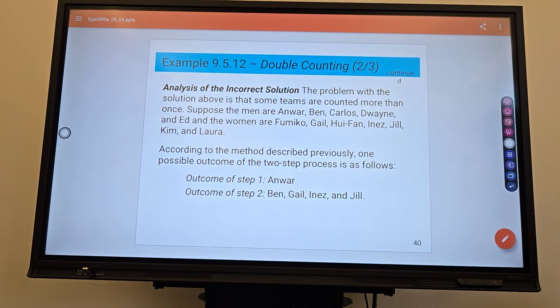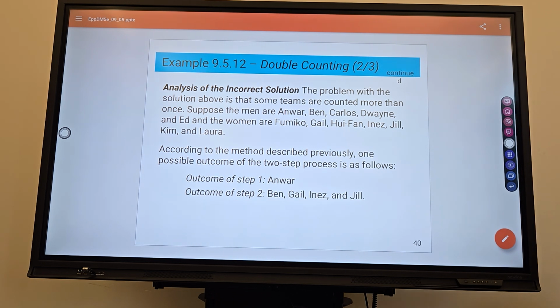Analysis of the incorrect solution. The problem with the solution above is that some teams are counted more than once. Suppose the men are Anwar, Ben, Carlos, Dwayne, and Ed, and the women are these ladies. According to the method described previously, one possible outcome of the 2-step process is as follows.